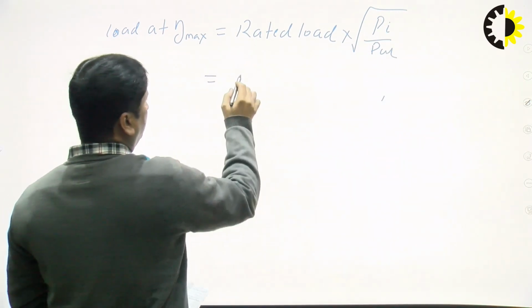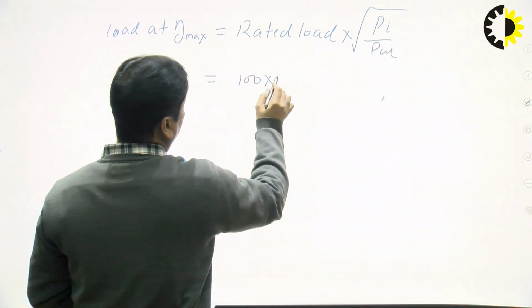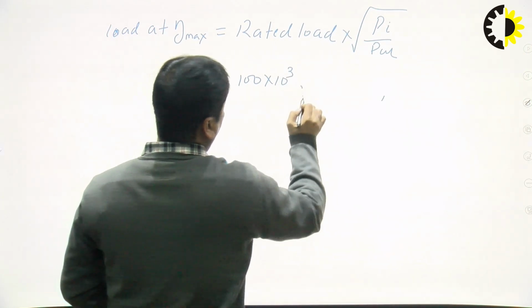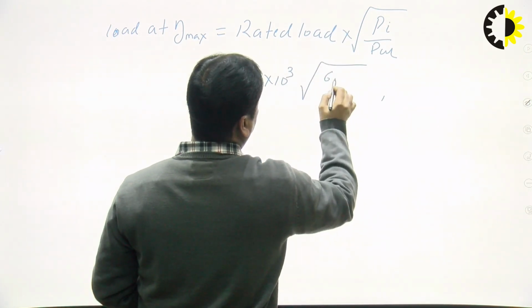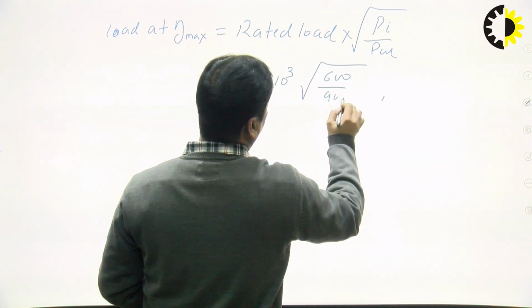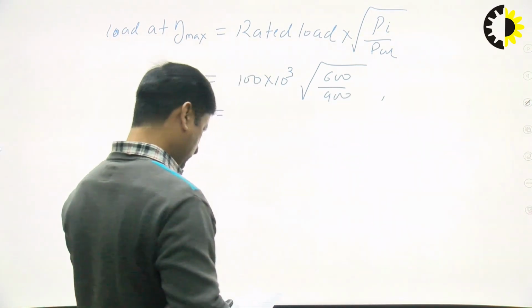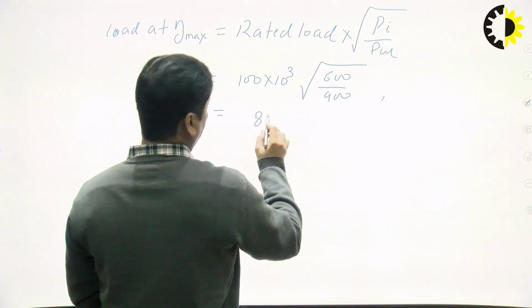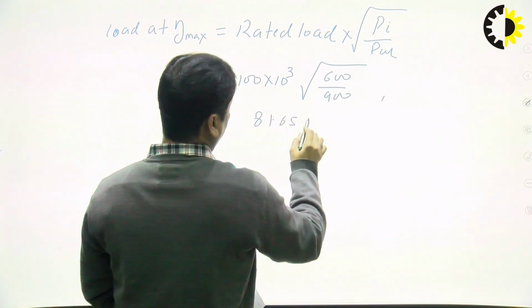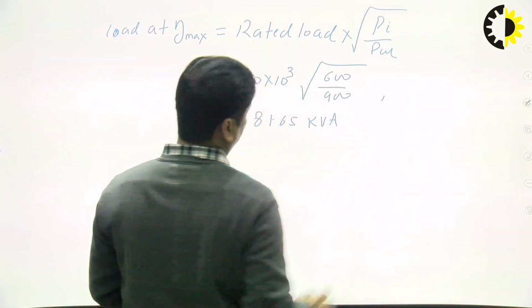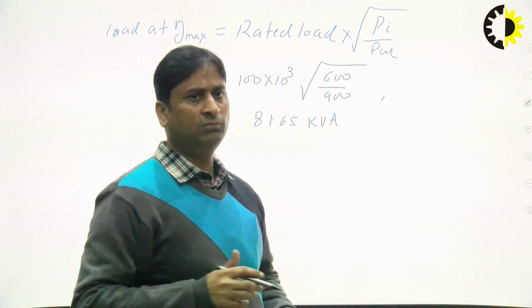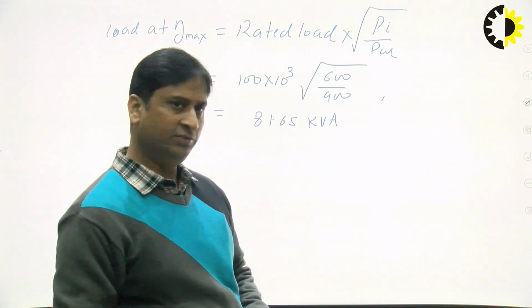So rated load is given as 100 kVA, iron loss is 600, copper loss is 900. So the load will be 81.65 kVA. At this load, this transformer will have the maximum efficiency.